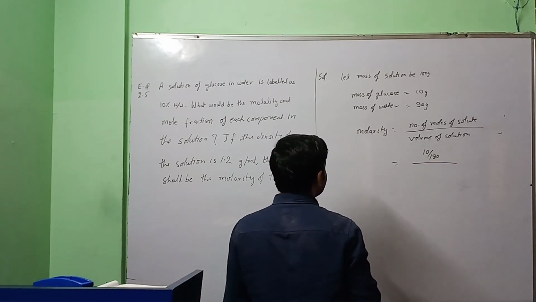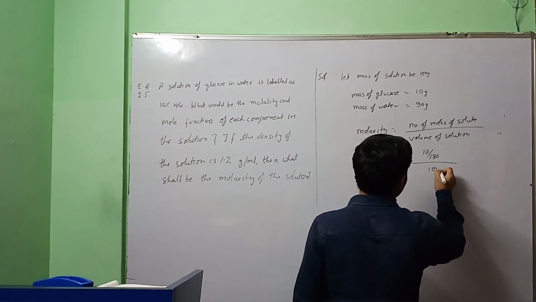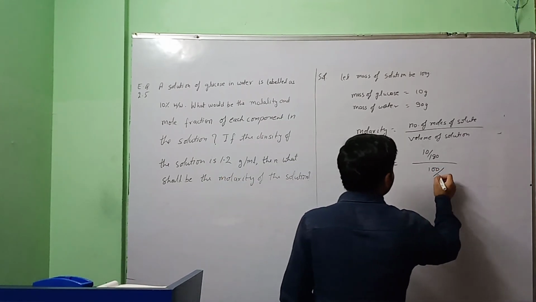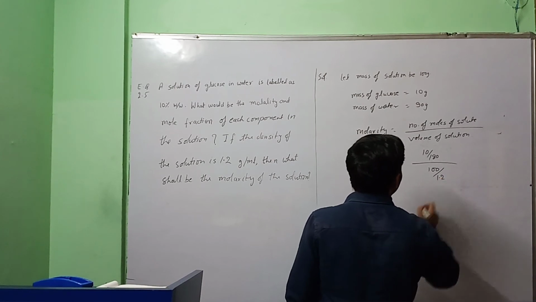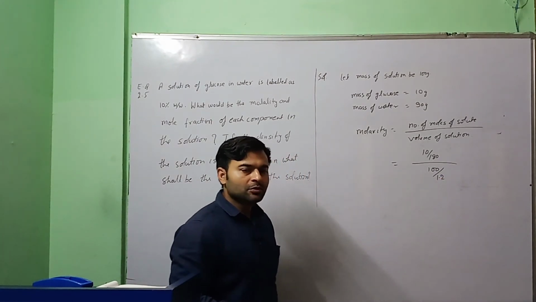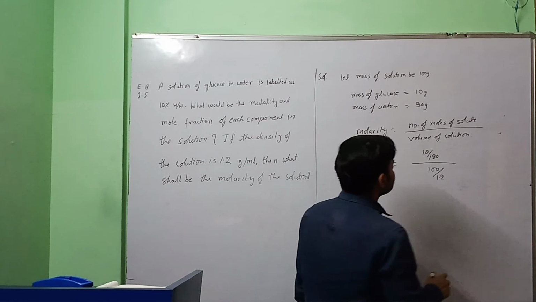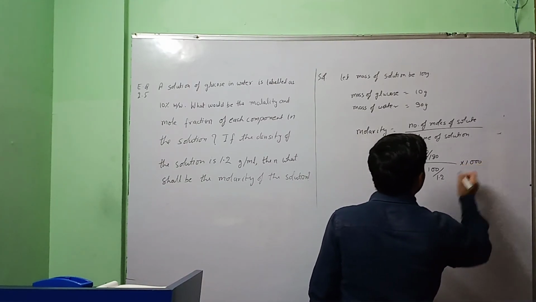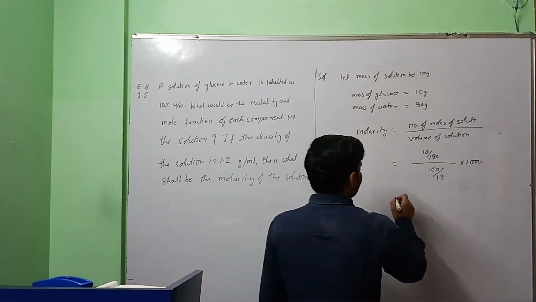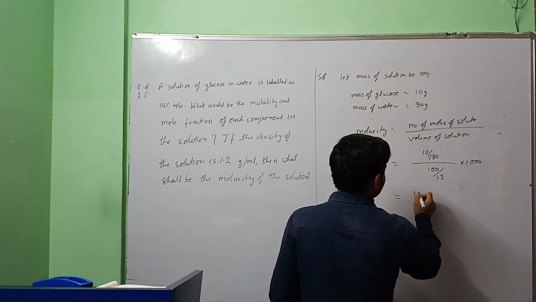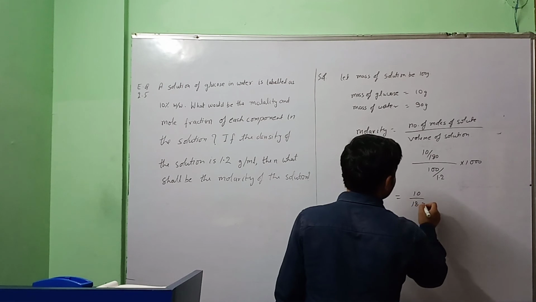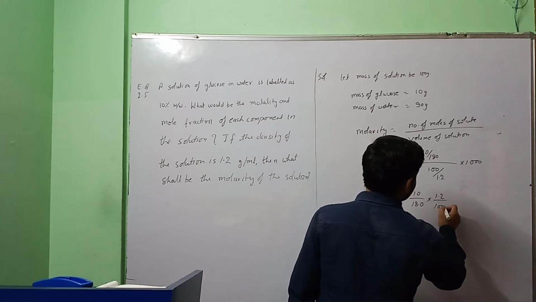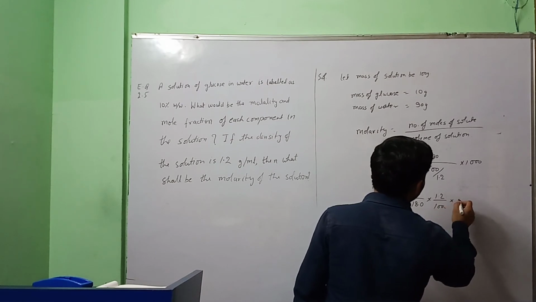Now volume of solution, mass of solution is 100 gram and density of solution is 1.2 gram per ml. From here the volume will be coming in milliliters, so converting it into liters. Now on simplifying this, we will get 10 upon 180 into 1.2 upon 100 into 1000.